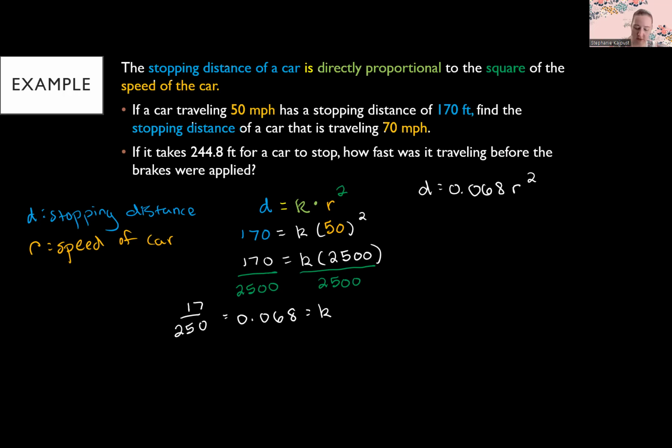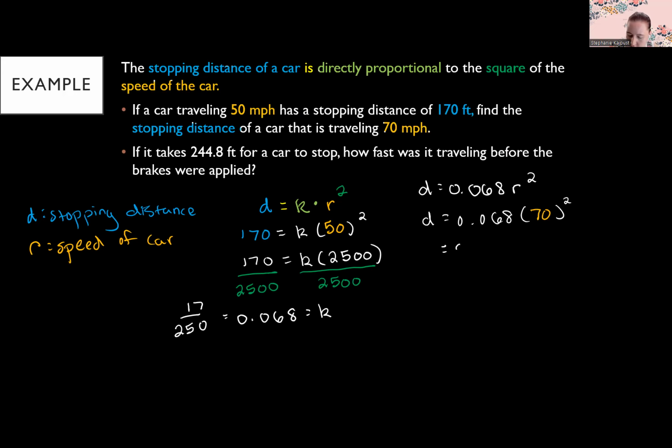And now we're looking for D. So we're going to plug in the value they gave us for the speed, which is 70 miles per hour. And then you're going to do that math. So we have to do the exponent first for the order of operations. So that should give me 4,900.